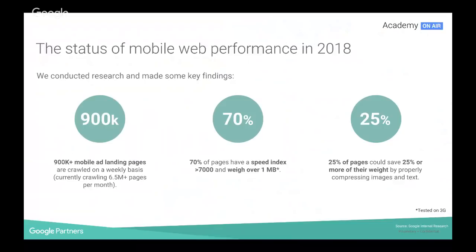It's at about 6.5 million right now. But more importantly, what we found was that almost 70% of those mobile AdWords landing pages that we crawled weighed more than 1 megabyte. And as you can understand, the more the page weight of a website, the more time it will take for that page to load or render on a smartphone.